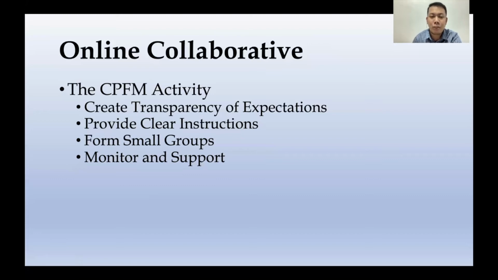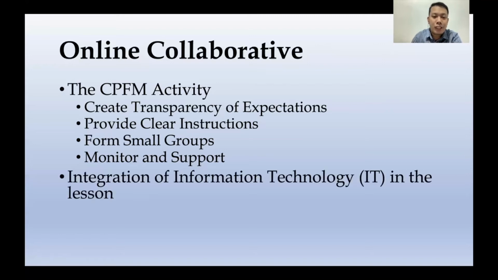One to 2 minutes, or once you are already satisfied with what you have observed, then you can move on to the next group. The purpose is to monitor whether they are conducting it. The second is to give support. Perhaps there could be questions that they cannot answer among themselves, so you will be the one to provide the answer.